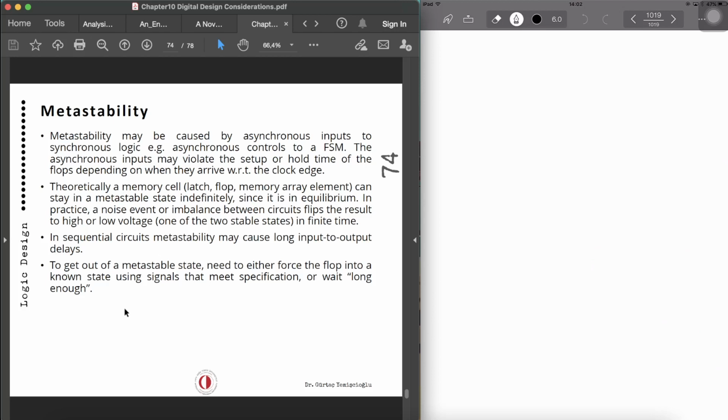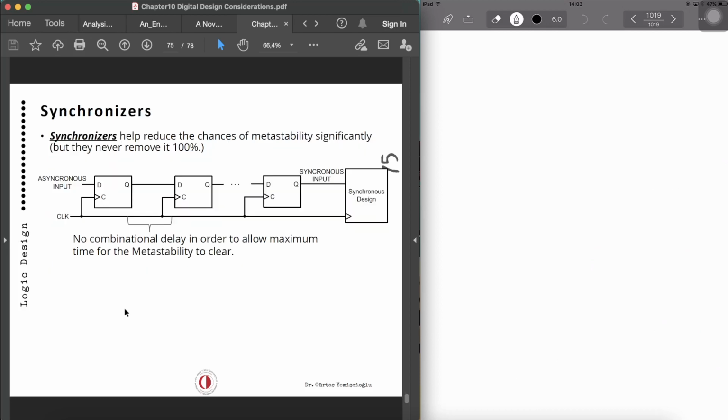In order to get out of a metastable state, we either need to force the flip-flop to a known state, like resetting or setting the flip-flop, or we have to wait long enough. We have to put in some kind of delay. Another alternative is using a synchronizer.